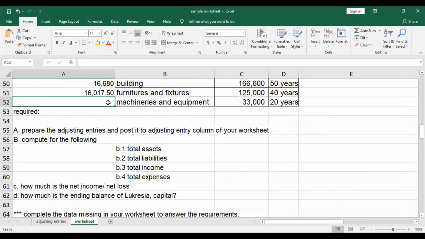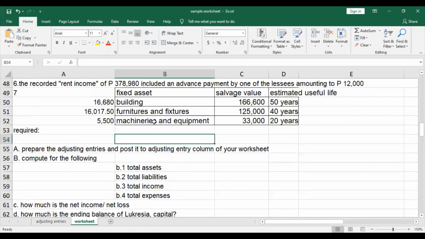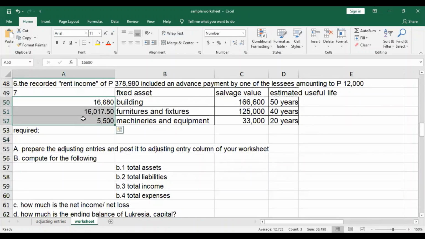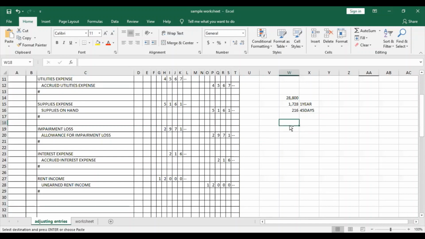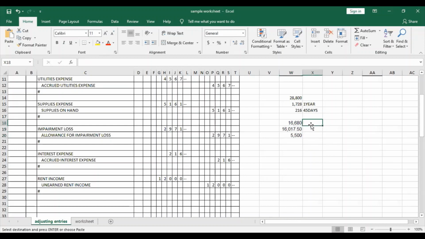So its depreciation is 5,500. So ito yung depreciation nila. Copy natin para di natin kalimutan. So for the building, its depreciation is 16,680. For the furnitures and fixtures, 16,017 and 50 centavos. For machineries and equipment, that is 5,500.